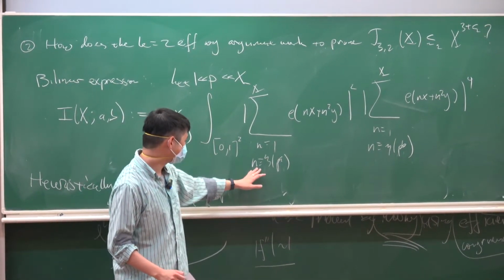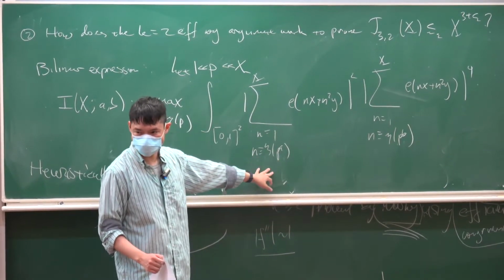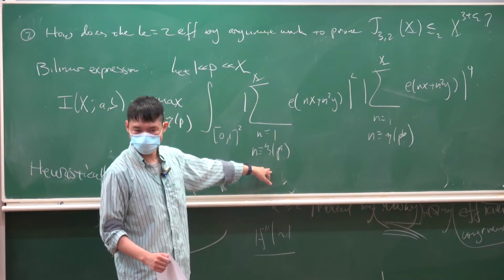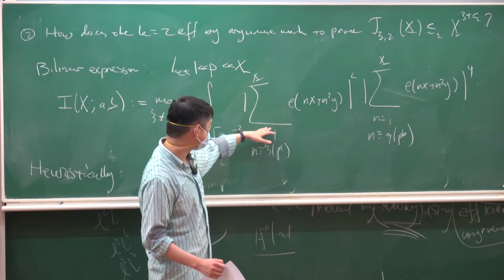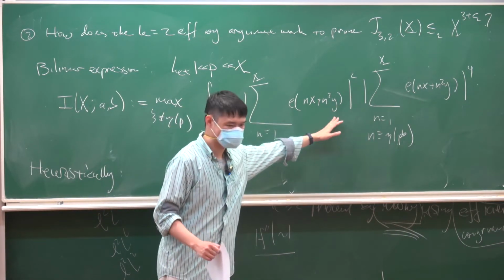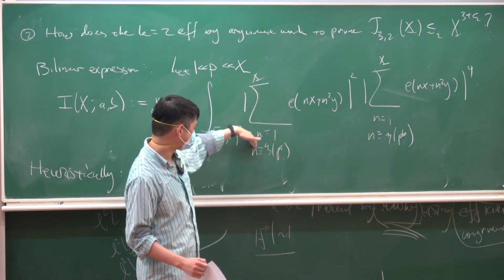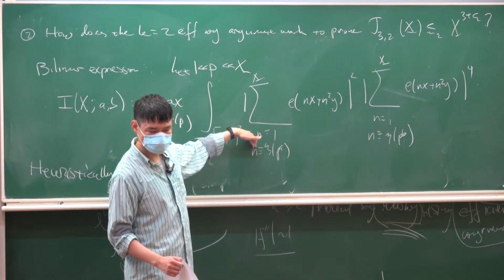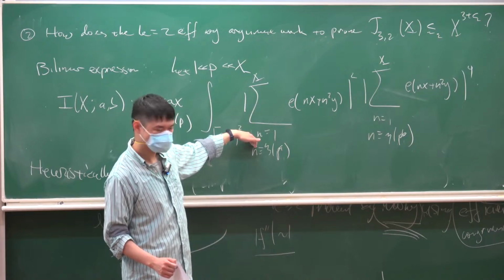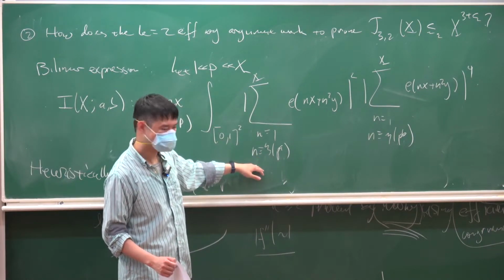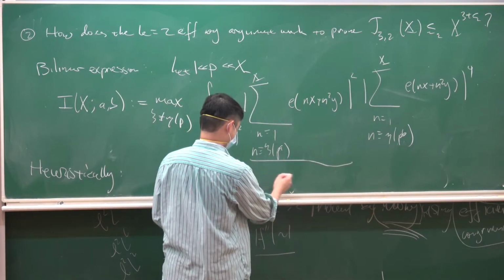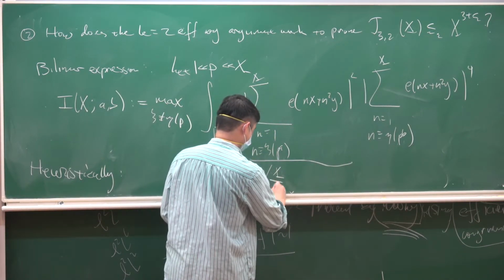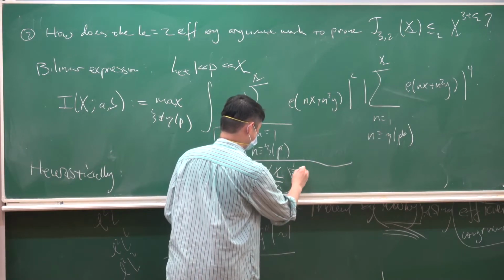So if we imagine square root cancellation happening, how big should this be? Well, how big is this absolute value? Well, this absolute value should be the square root of the number of terms, which is x over p to the a, but then squared, okay? So how big should we expect this to be? It should be x over p to the a, which is the number of terms, to the 1/2, times 2.